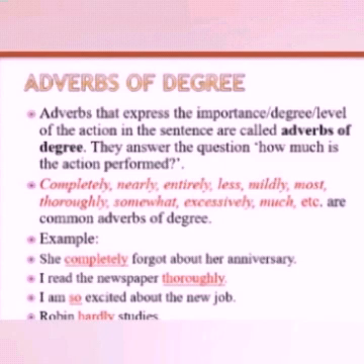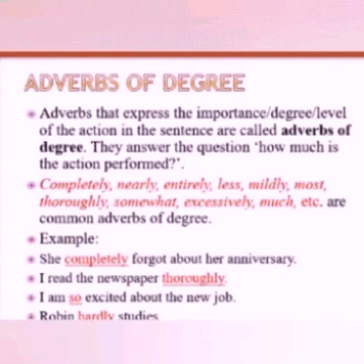Let us see examples. She completely forgot about her anniversary. So this gives the quality. Completely forgot. How much? Completely, entirely. And second, I read the newspaper thoroughly. How did you read? With what quality did you read? Thoroughly.